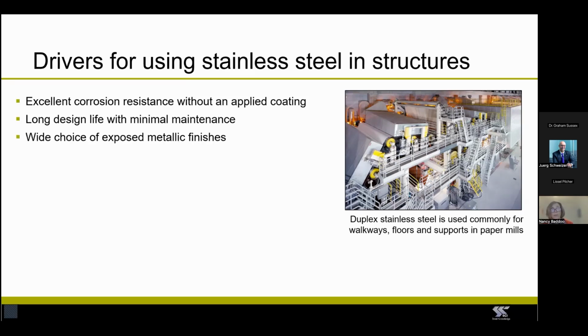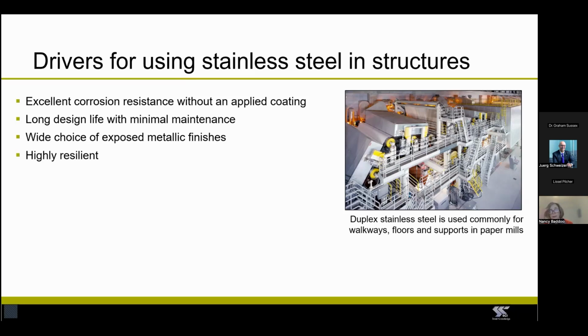The third driver is where you can benefit from the wide choice of exposed metallic finishes. And here, of course, this is typically why stainless steel might be used for landmark structures, perhaps pedestrian bridges, sculptures, and also in the water, food, and drink industry.